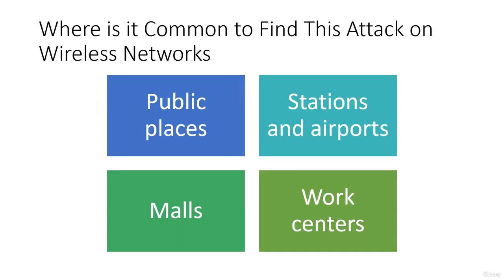In summary, we can say that these types of false, fraudulent Wi-Fi networks are created solely for the purpose of carrying out attacks. We will find them in busy areas where users need to be connected, like public areas such as libraries, parks, universities and colleges.